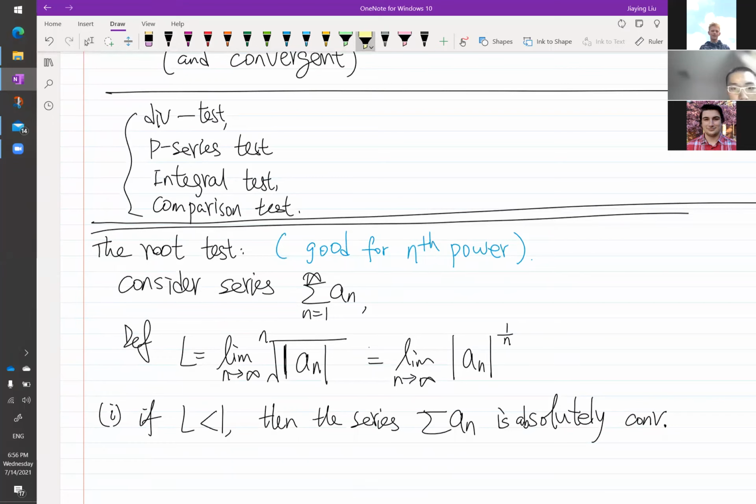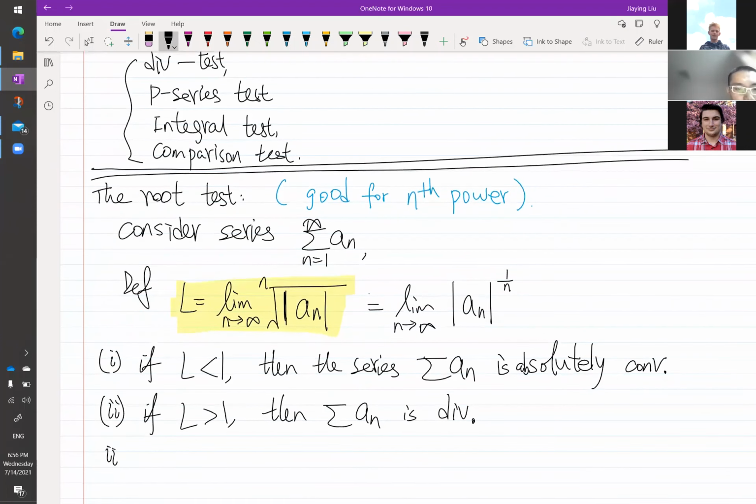In this part, L is defined as the limit of the nth root of the absolute value of a_n. And 2, if L is greater than 1, then the series a_n is divergent. And 3, just like before, if L equals 1, this root test is inconclusive.